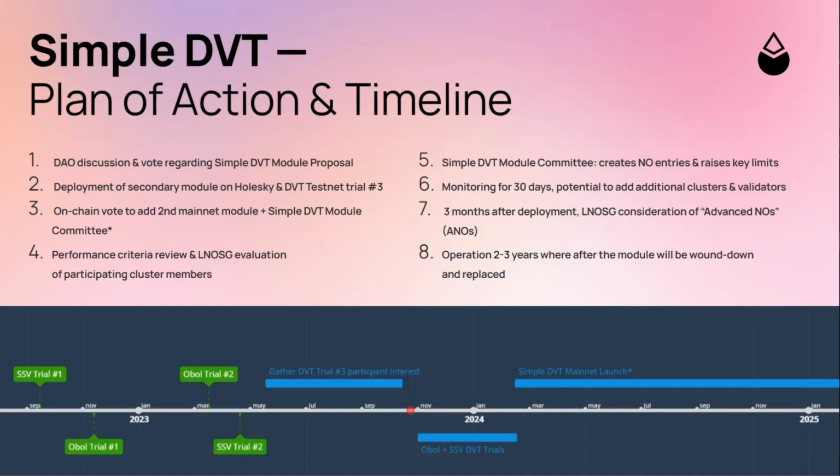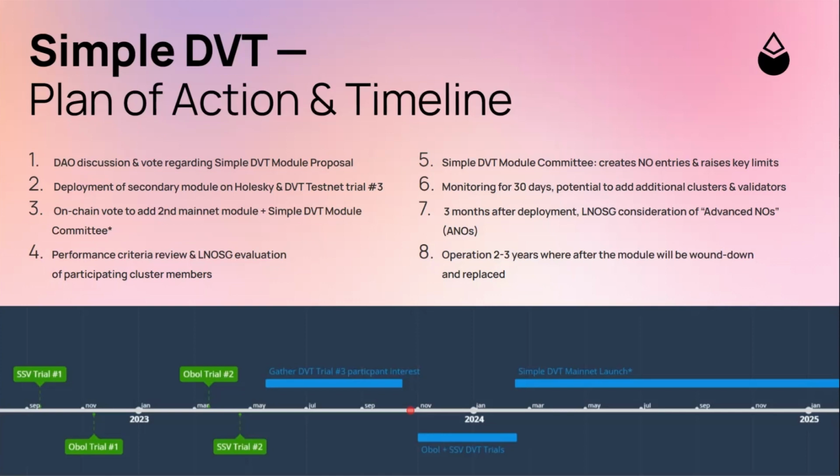So once this proposal has been made to the DAO, if there's no issue, then the Simple DVT Module Committee would create node operator entries and raise the key limits for these clusters. The proposal calls for 24 clusters to start, so 12 node operators or 12 entries for SSV, 12 entries for OBOL, and these would likely all consist of a 5 of 7 threshold configuration, meaning you'd add over 100 new node operators to the protocol.